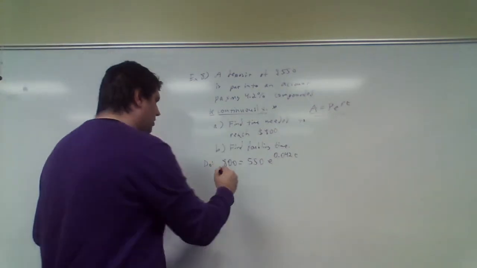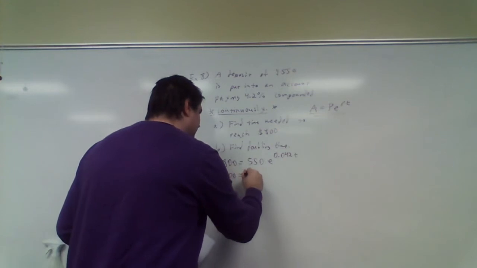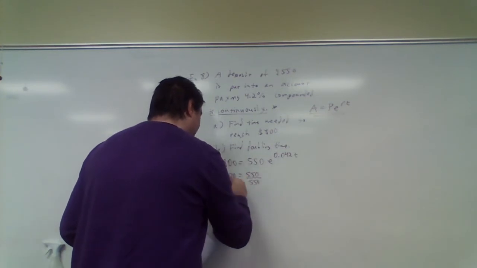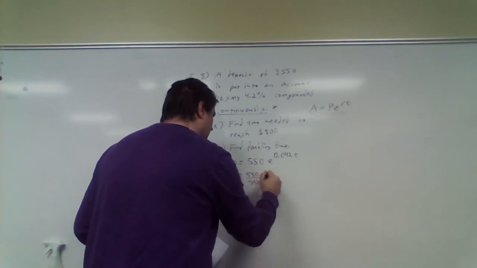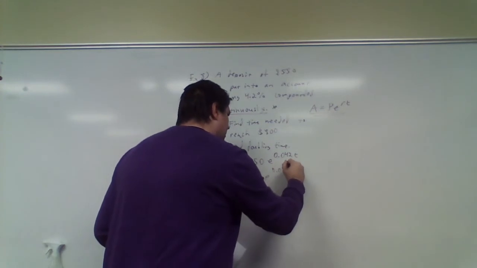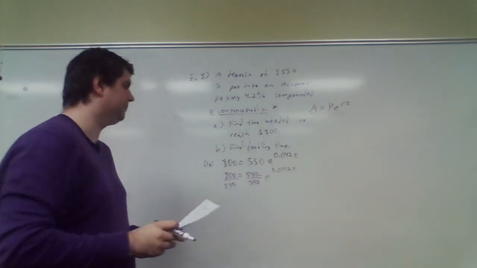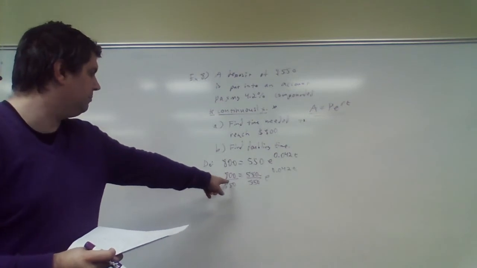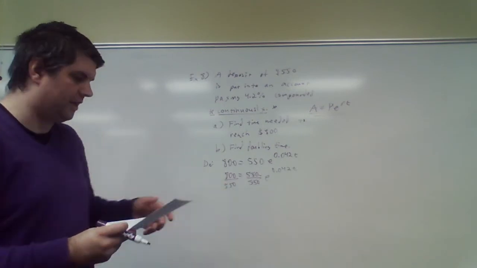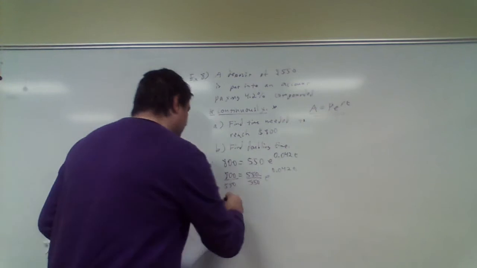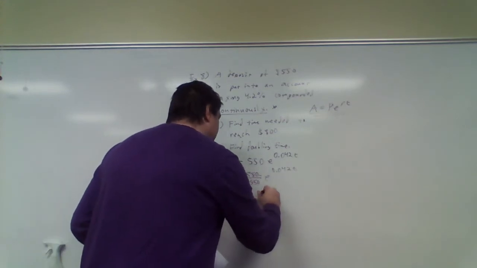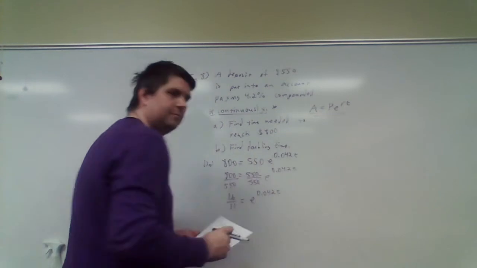So what we're going to want to do first is divide off the 550. The e expression remains the same. Both of these are divisible by 50, so that reduces to 16/11 equals e to the 0.042t power.